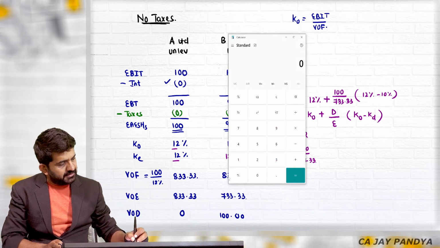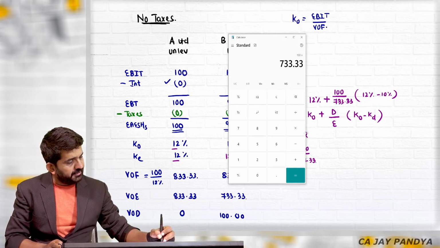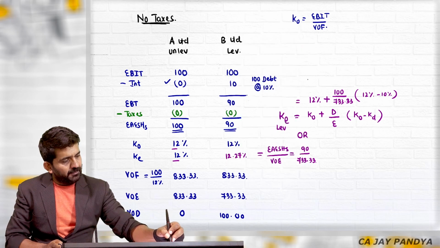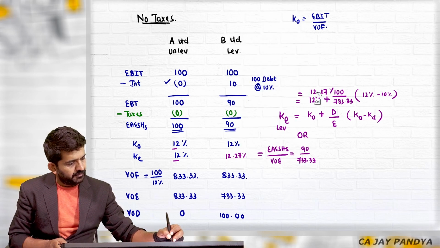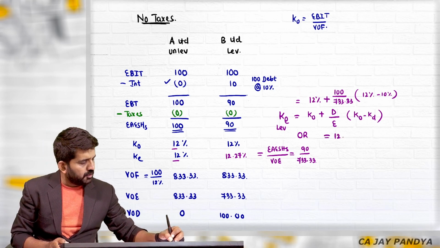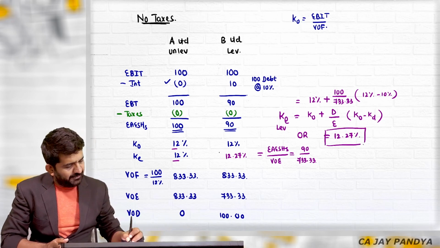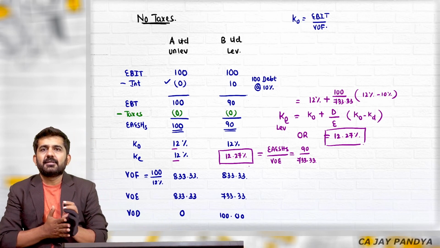What will be the answer? 100 divided by 733.33 multiplied by 2 plus 12, which is 12.27%. Which is the same as how we have found out in this manner, right?